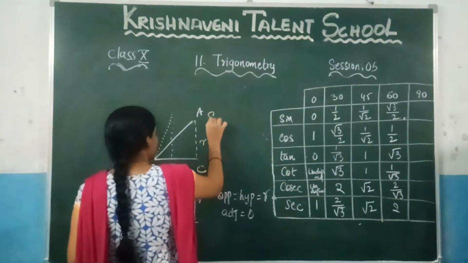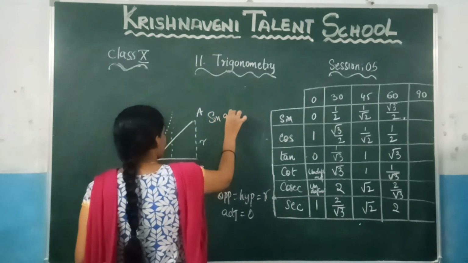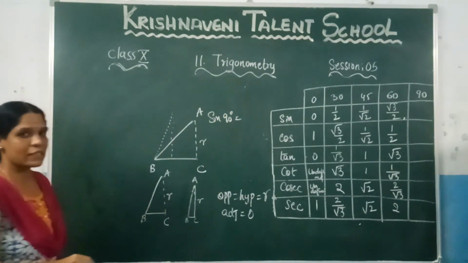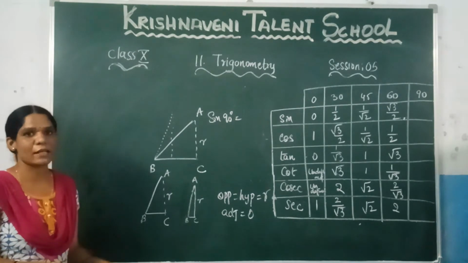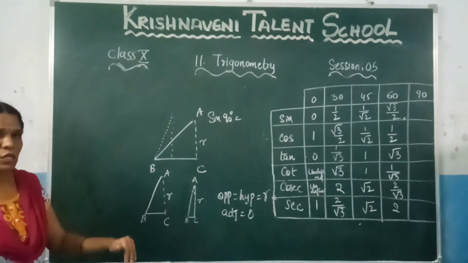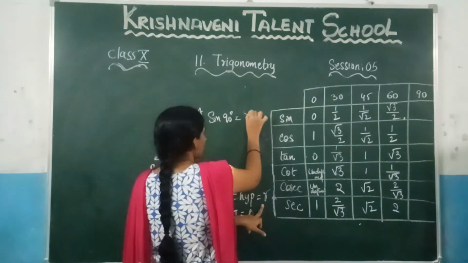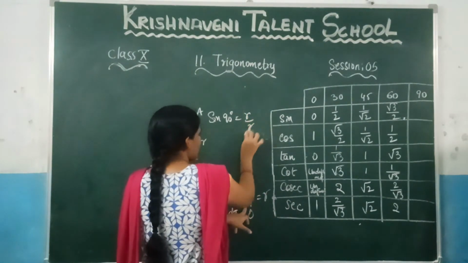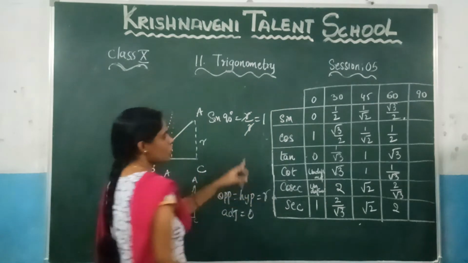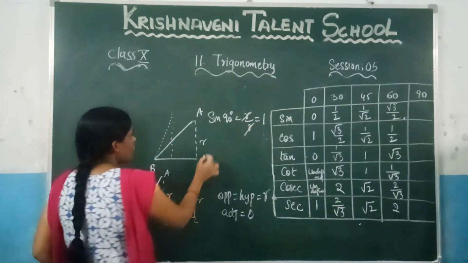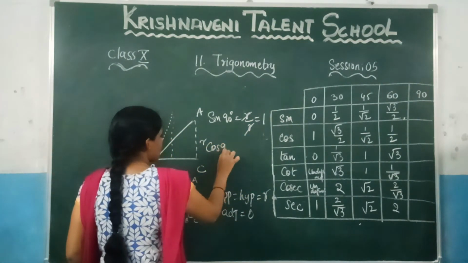So let us find the value of sine 90. What is the formula for sine? It is opposite side by hypotenuse. In this case, the opposite side is R, and the hypotenuse is also equal to R. So this will get cancelled, and we are left with 1. Now let us talk about cos 90.